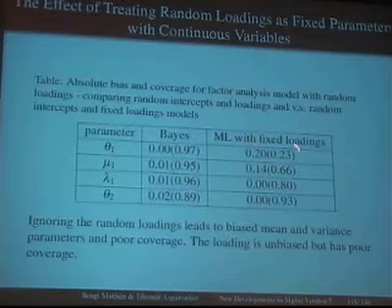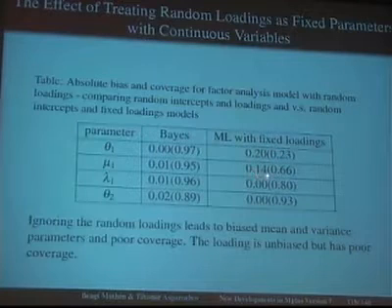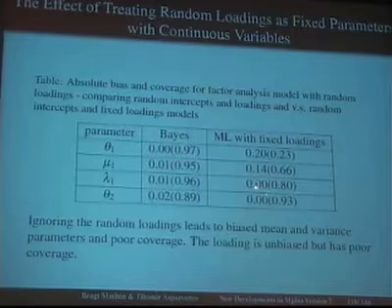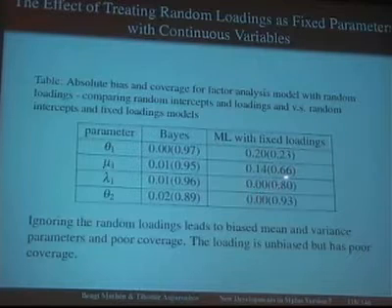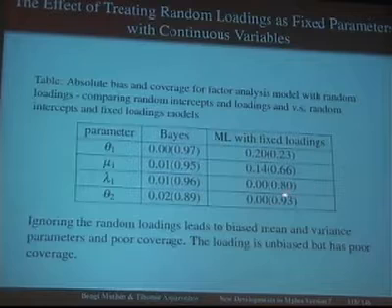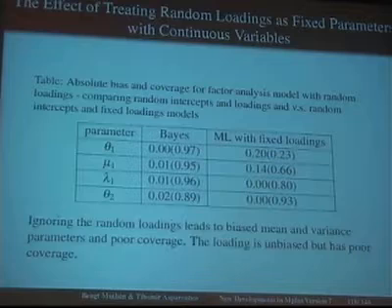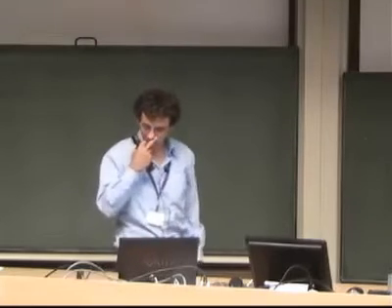The maximum likelihood estimation gives biased estimates for the residual, biased estimates for the mean, which is somewhat surprising, and poor coverage. For the loading, you actually get unbiased estimates, but the standard errors are underestimated, so the coverage is pretty poor. You can do the same simulation also with categorical variables.